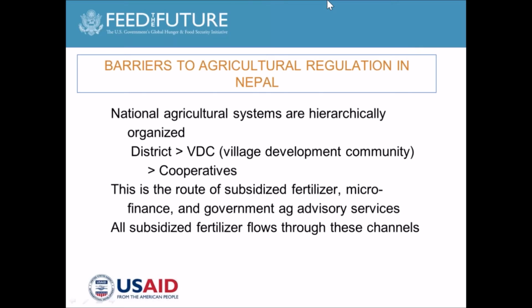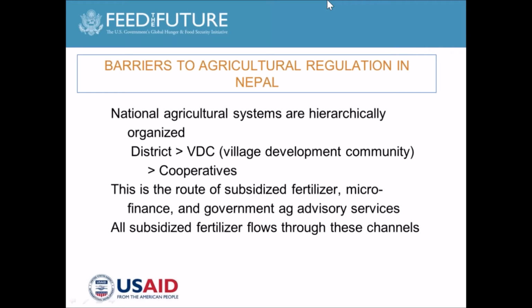So in Nepal, the agricultural system through the government is very hierarchical. The regions in Nepal are organized into districts, and within Feed the Future, I think there are 25 districts operating in Nepal, so we're restricted to operate in these districts.